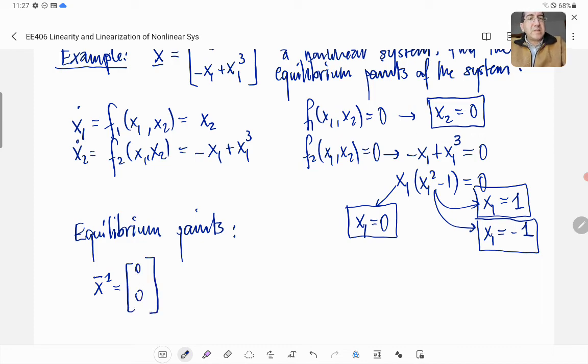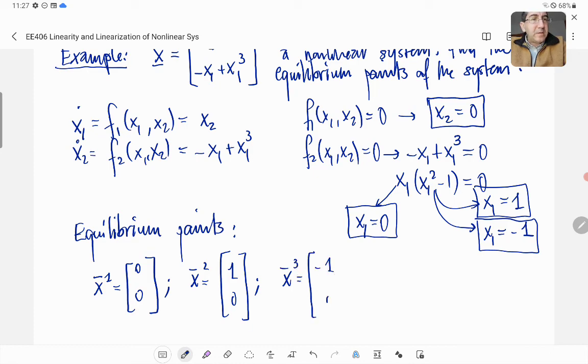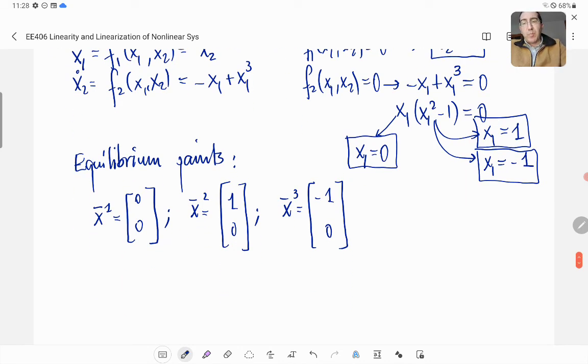Remember, the second state has to be 0 in all equilibrium points. x bar 2 is equal to 1, 0. And also x bar 3 is equal to minus 1, 0. Okay? So these are the three equilibrium points of our system.